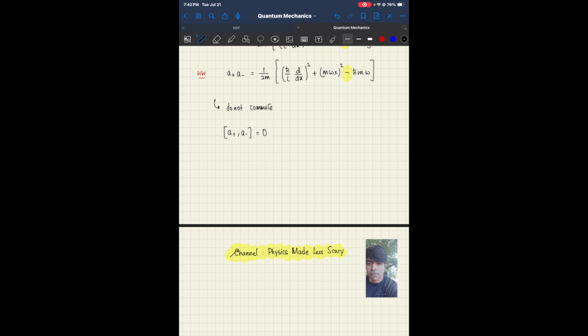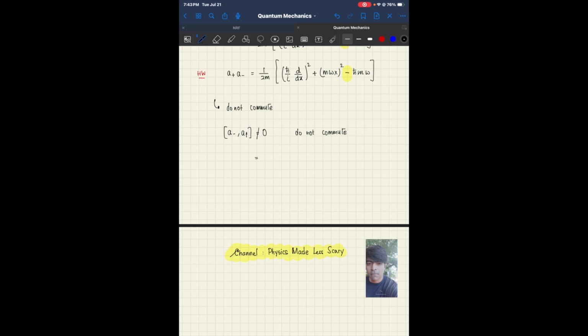It's convention to write the minus first. So it's non-zero. If it is non-zero, they do not commute. If it is 0, then they do commute. But you see, these operators do not commute.